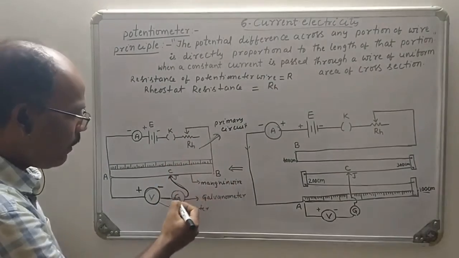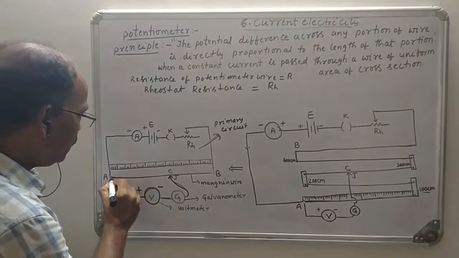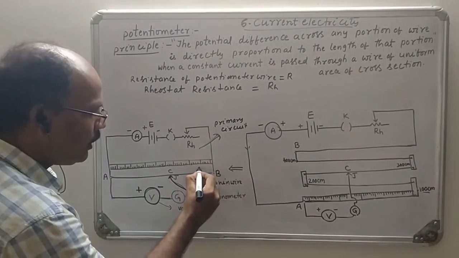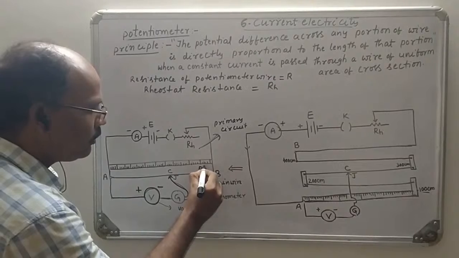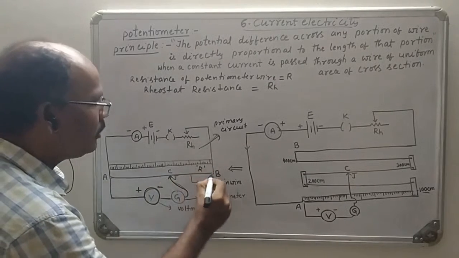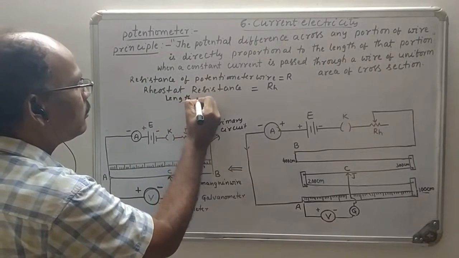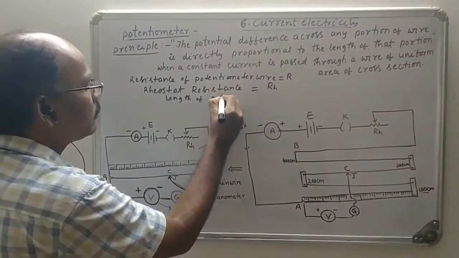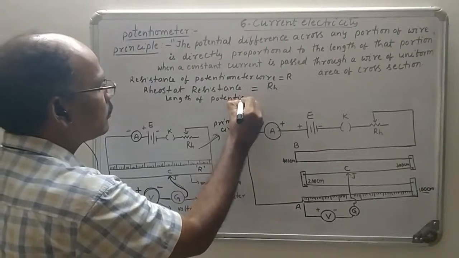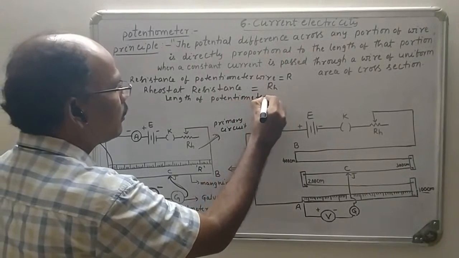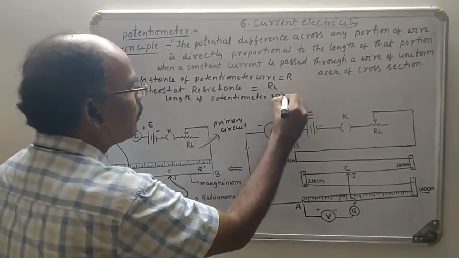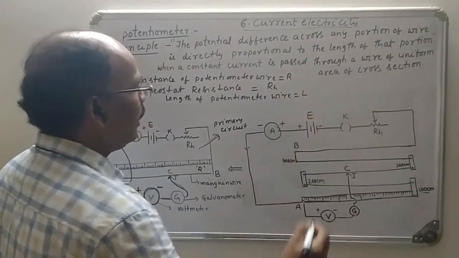These two are in series combination. So this is the potentiometer wire of resistance R, and the length of the potentiometer wire is equal to capital L.